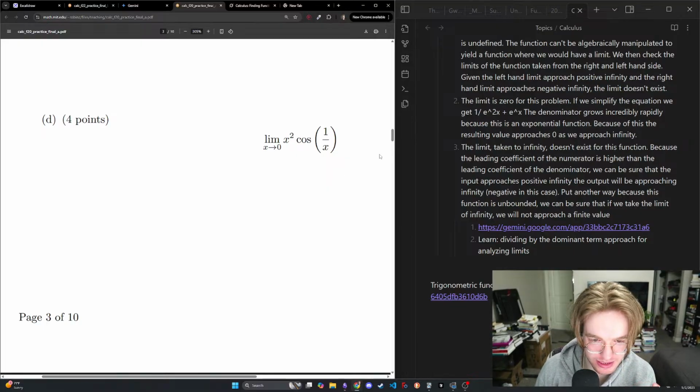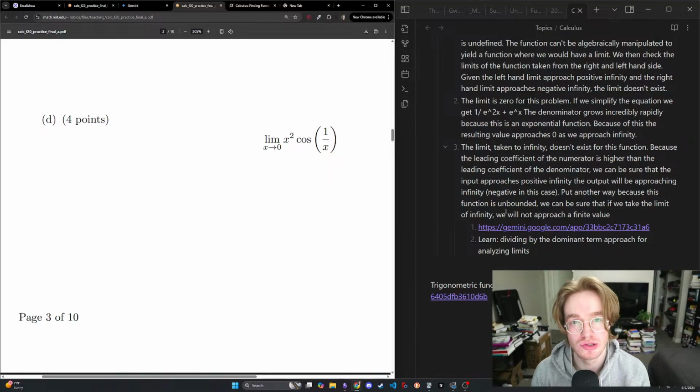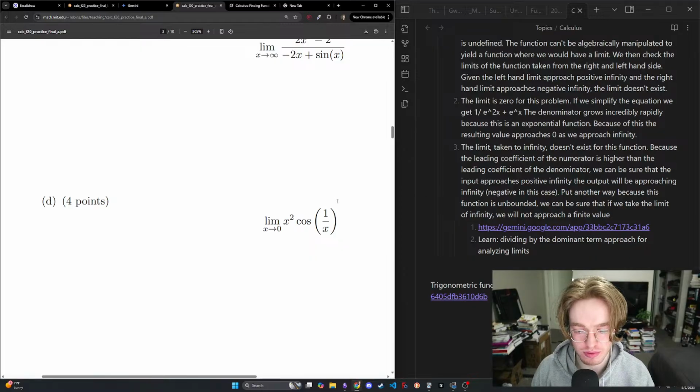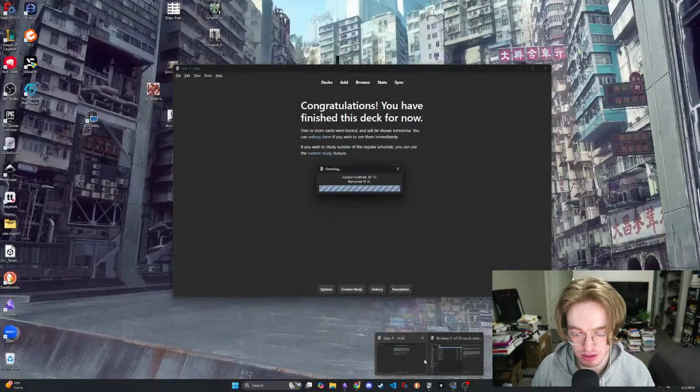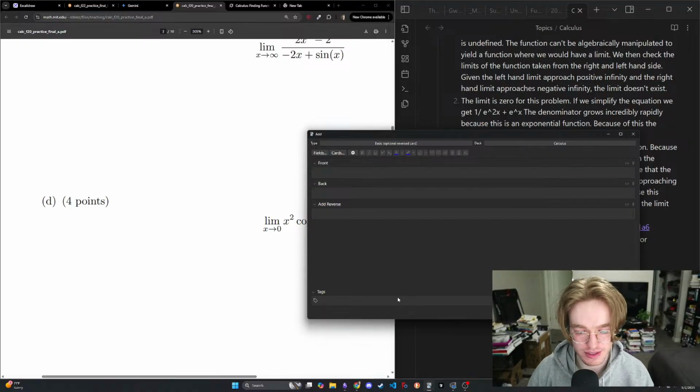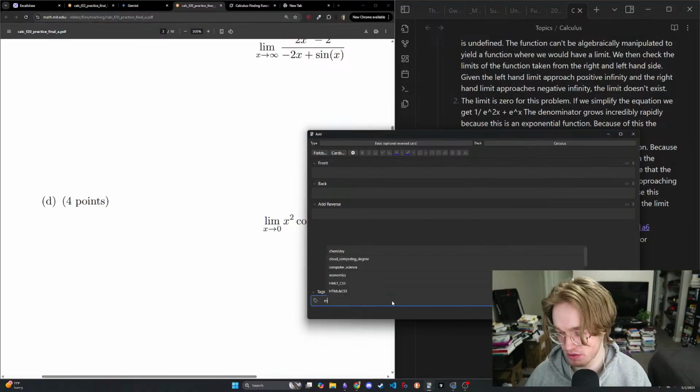So maybe, no, I think it's reasonable to focus on this presently. We're just going to be pretty much creating a lot of cards. I think it's fine to focus on this right now.